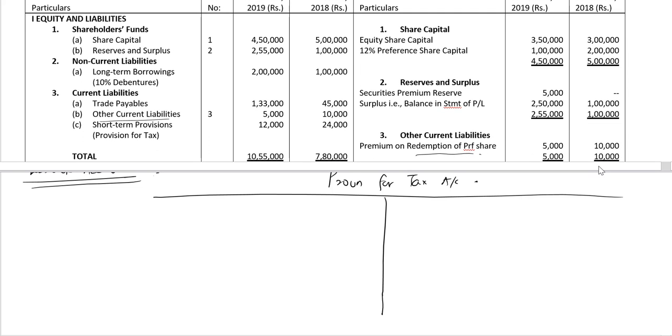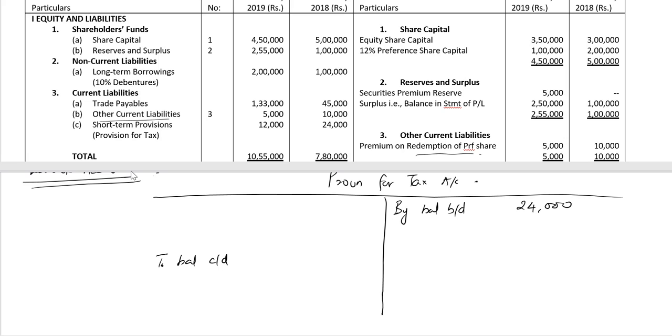Under current liabilities, subdivision C, short-term provisions, provision for tax, opening balance is 24,000 and closing balance is 12,000 rupees. By balance brought down 24,000 rupees and to balance carried down is 12,000 rupees.